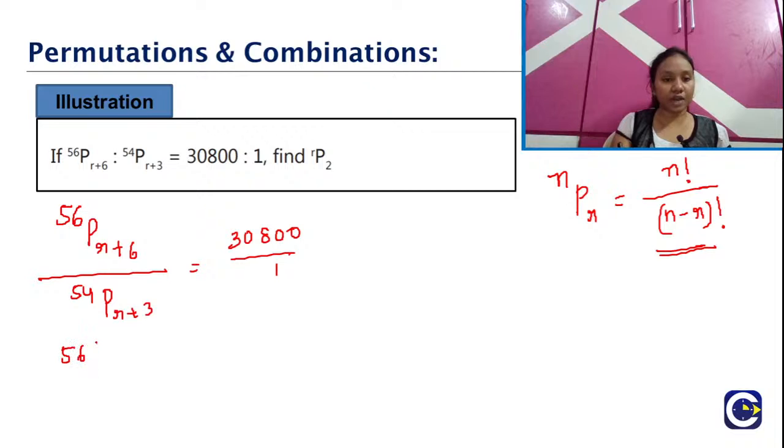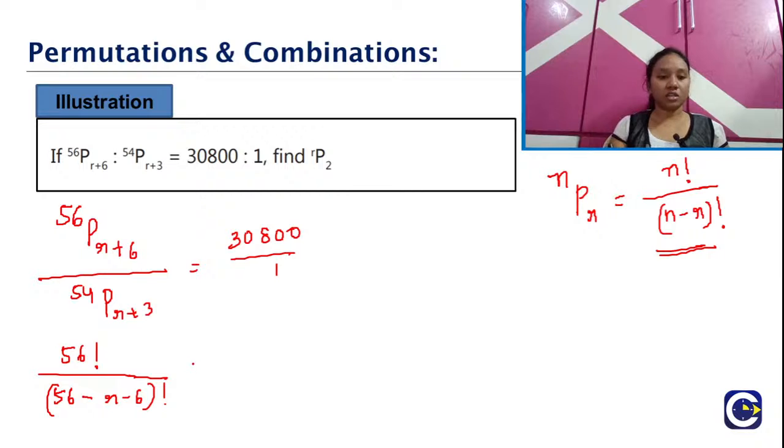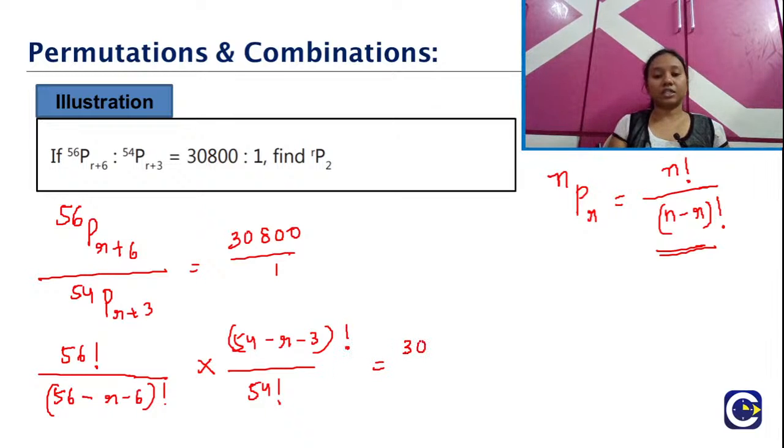That is 56 factorial divided by (56 minus r minus 6) factorial, divided by, so that will be in reverse, 54 factorial over (54 minus r minus 3) factorial, which is equal to 30,800 divided by 1.